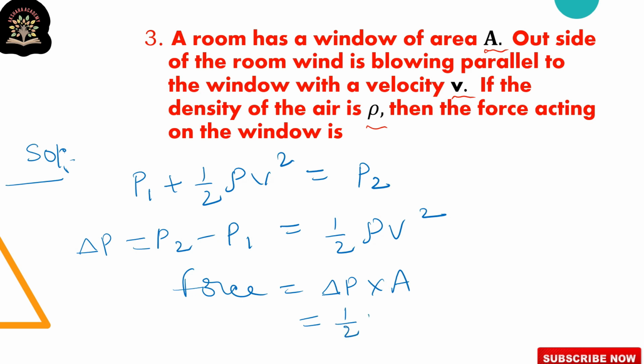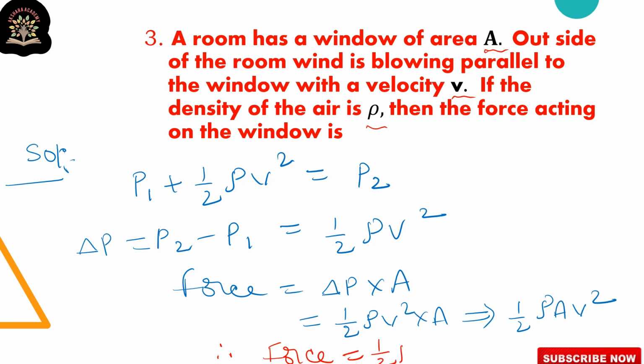So half rho V square into A. This can be written as half rho A V square. Therefore the final answer, the force acting on the window is F equals half rho A V square.